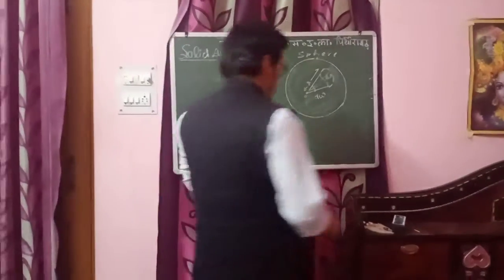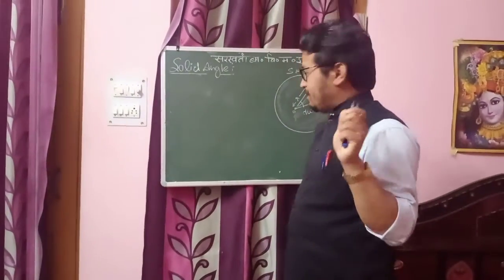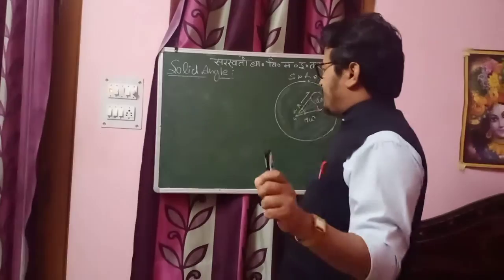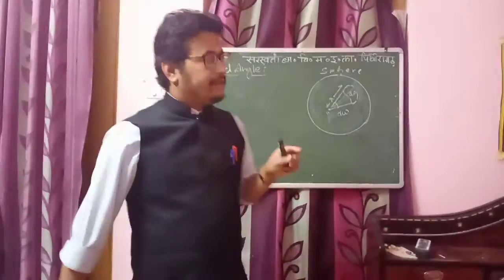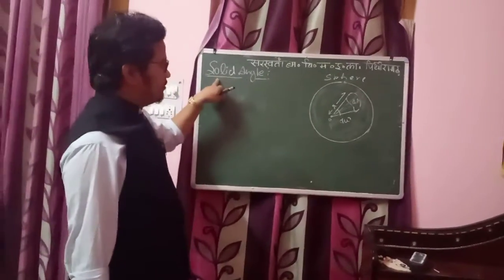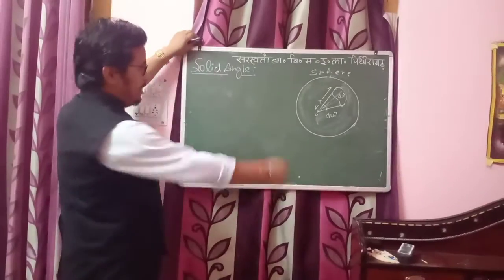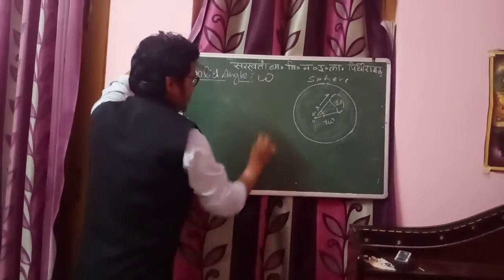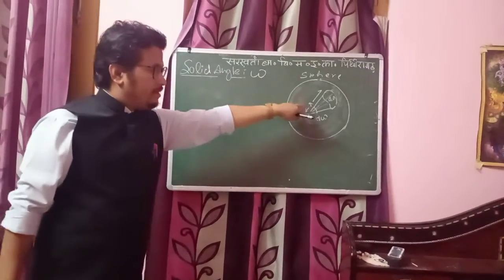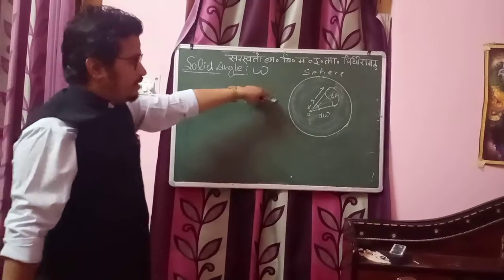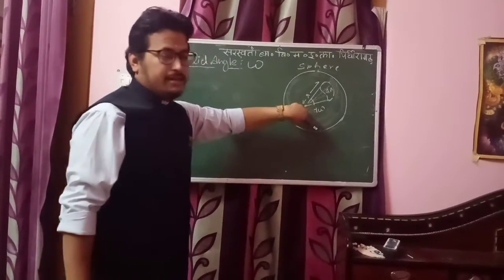Again I am repeating, the angle subtended by the surface of any sphere at the center of that sphere is known as solid angle, and it is denoted by omega. Omega is the solid angle subtended by the whole surface of the sphere at the center.